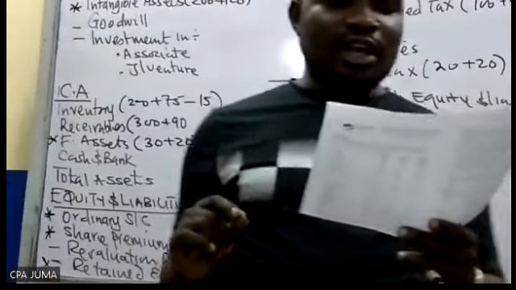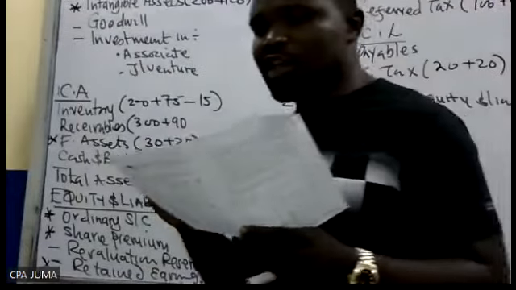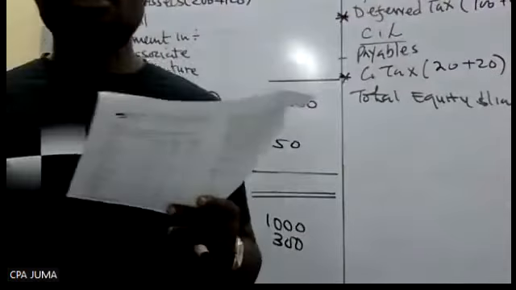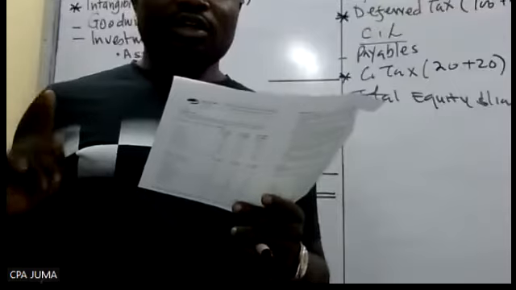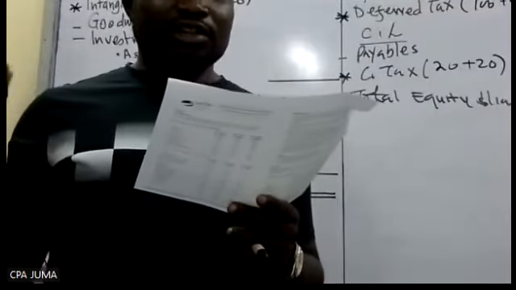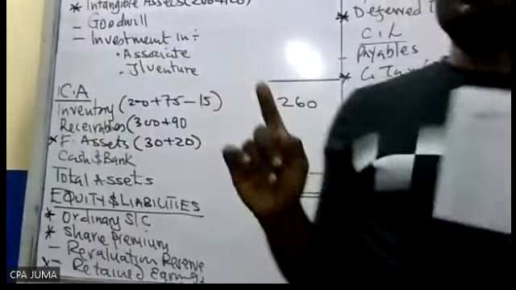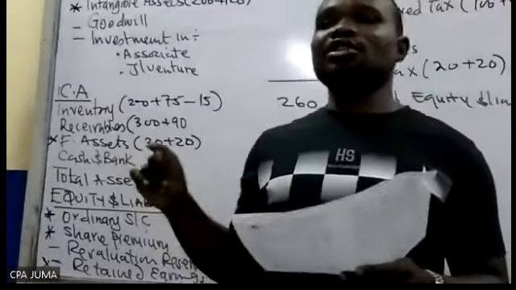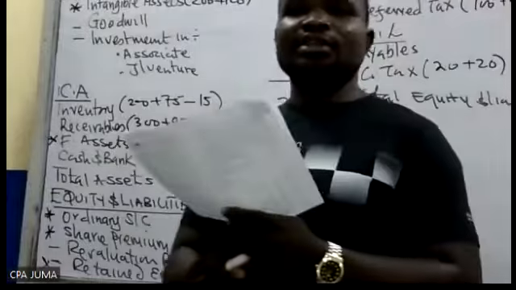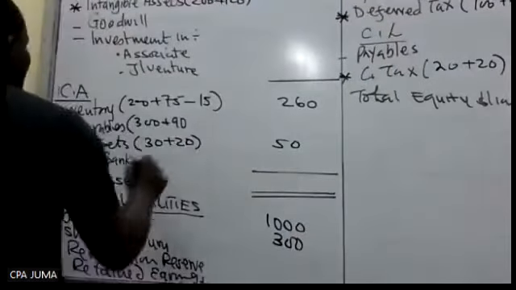However, there's a note down there. In the books of S, the amount due to H was shown as 40. Because S Limited had sent a check for 10 million, but H had not recorded the check. So that check is the cash in transit. So the correct intergroup balance between the 2 should be 40.